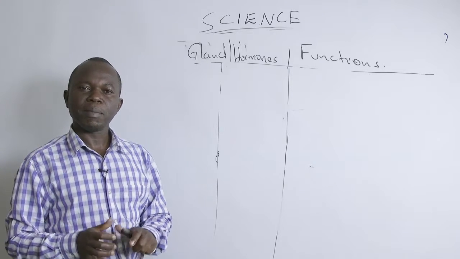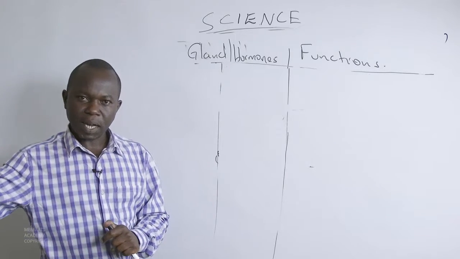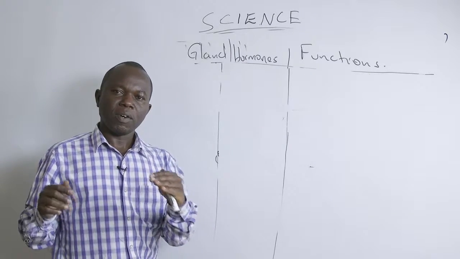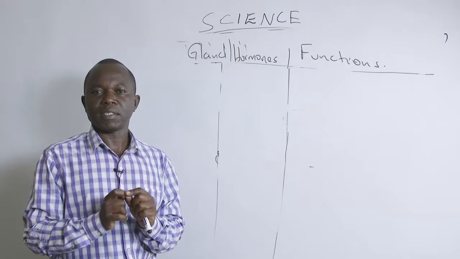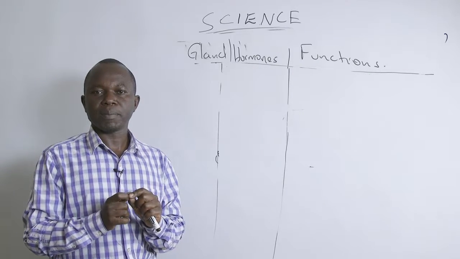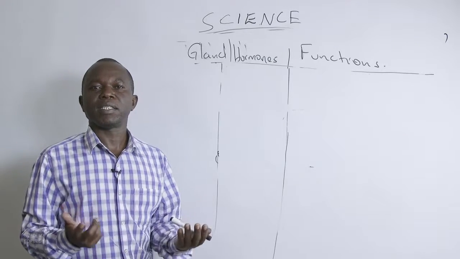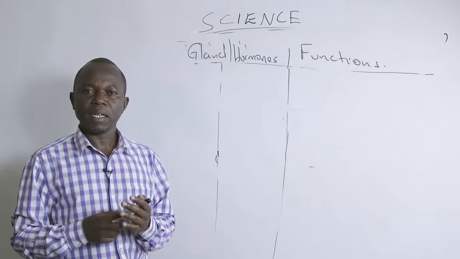So you realize that because of its role of stimulating other glands, and those glands now secreting hormones that will control activities of other cells, or what we call the receptor cells, we say that the pituitary gland is a master gland.